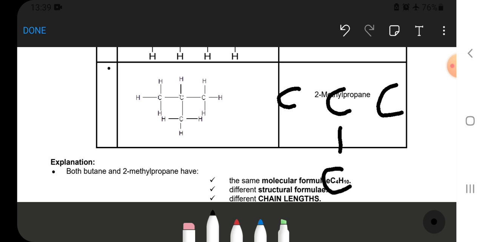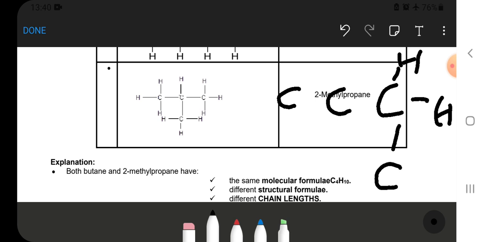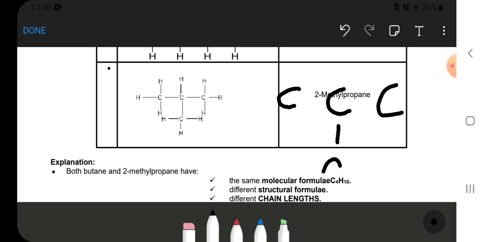If it was just like this, and the C was here, then we'd be talking a different story. But as you can see, this other C is just in the middle. It's just a different branch, so it's not part of the main chain.